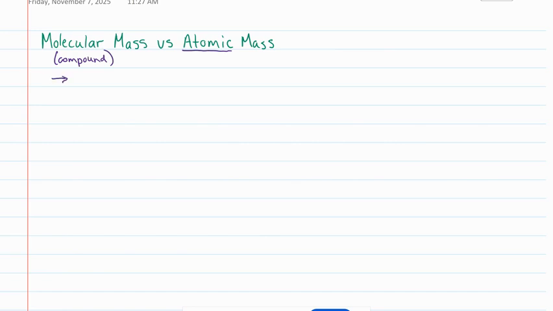So when we look at this, we are going to look at the mass of one molecule of a covalent compound. Okay, and if we look, question 14 on page 21 talks about propane.